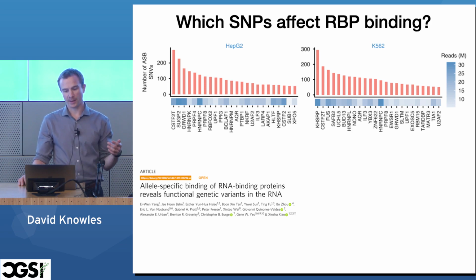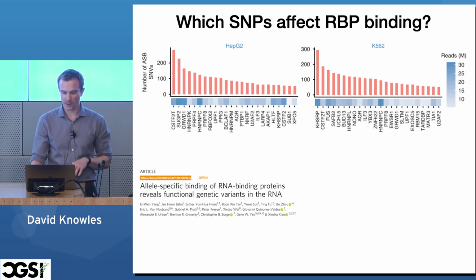They counted how many of the eCLIP reads were coming from the alternate allele versus the reference allele, and then came up with a statistical test to ask, was there allele-specific binding? So you're seeing more binding of the RBP to one allele versus the other. They were able to find hundreds of SNPs where this seems to be the case. But this is limited, of course, because you can only look at SNPs that are heterozygote in these 2 cell lines.